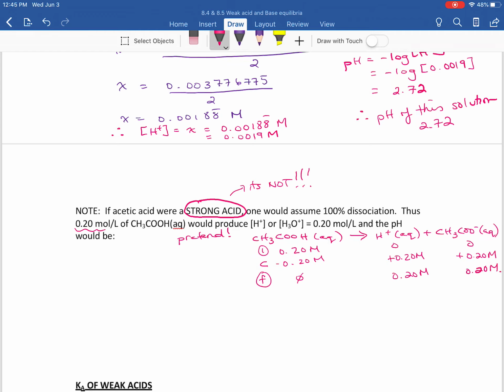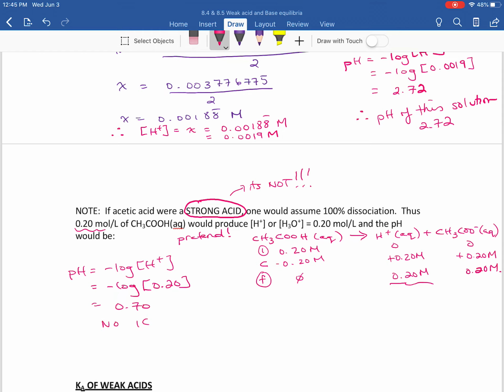Okay, so it's a complete reaction, and the pH for a strong acid would be negative log of the concentration of H plus, negative log of this. So once I calculate that, we're going to end up with a pH of 0.7, which is way stronger.